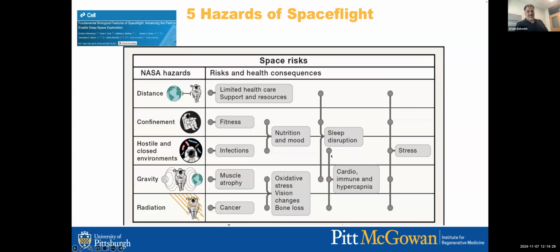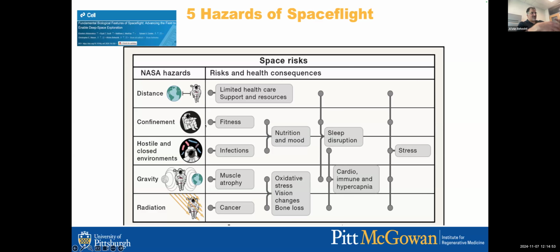So to do all this and make it safe for humans to travel in space, there are 5 hazards that NASA has defined that we need to overcome. One is the distance from Earth. Obviously you have limited healthcare and support. The confinement, I kind of think it should be only 4 hazards, trying to start a campaign for this, because confinement and hostile closed environment are sort of the same thing.